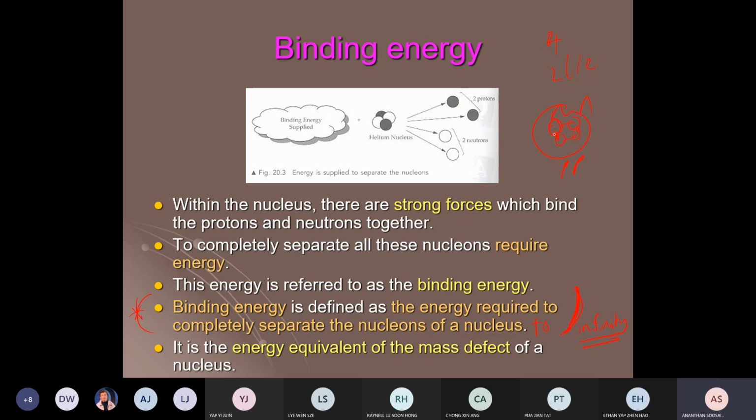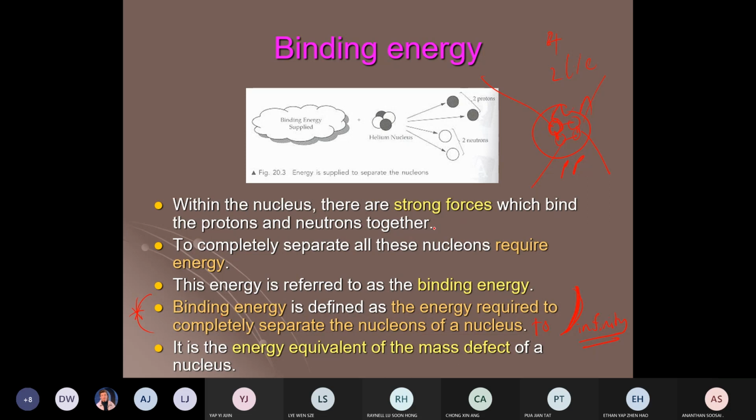The amount of work done, the amount of energy required to separate all these nucleons to infinity, is called the binding energy of that nucleus.